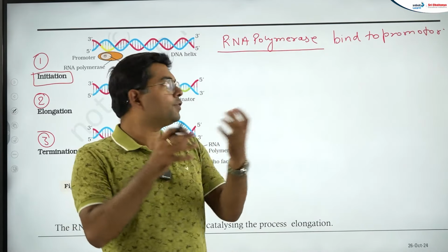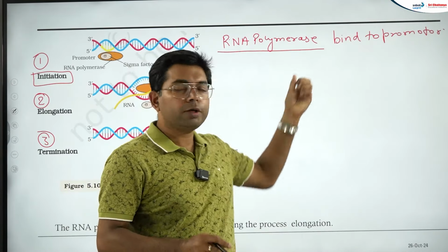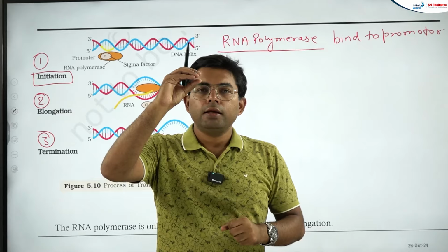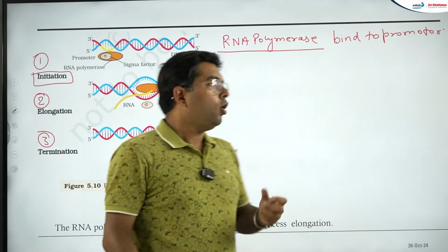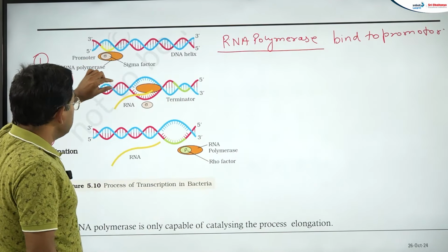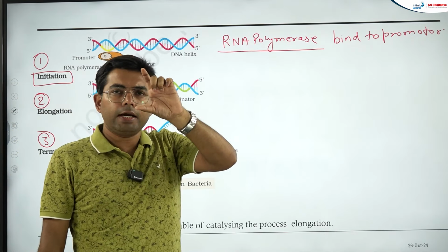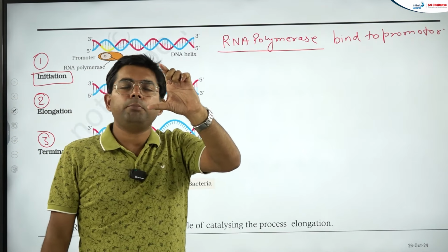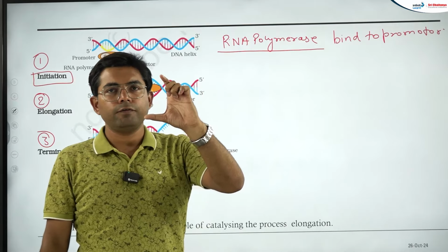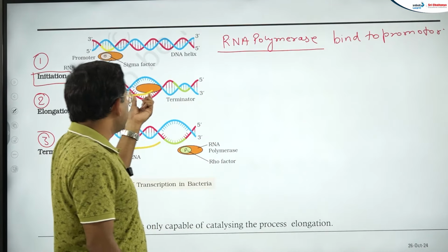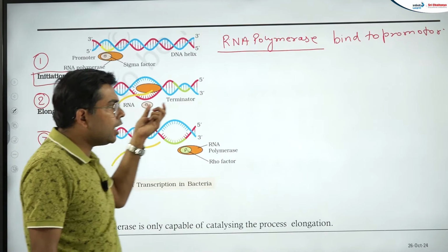This binding of RNA polymerase to the promoter will create a bubble, or break the double-stranded DNA, right? This will create a gap between the two strands of DNA, and the RNA polymerase will then start moving.